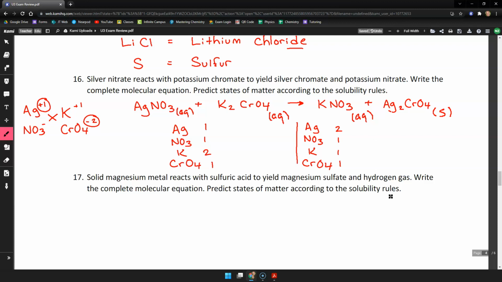Let's put a 2 here to balance that out. So 2 times 1 is 2, 2 times 1 is 2, and then our potassiums are good. Silver and nitrates, not so much, so let's put a 2 here. 2 times 1 is 2, 2 times 1 is 2, and we are balanced. So much fun.